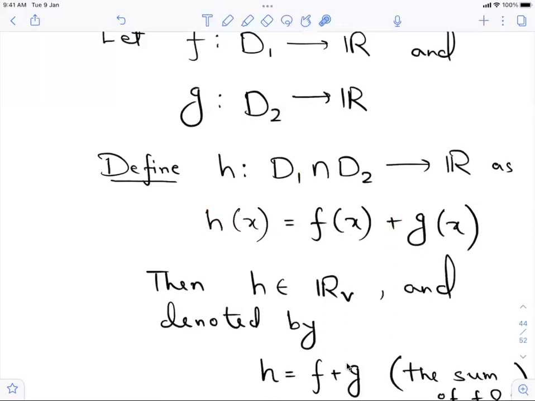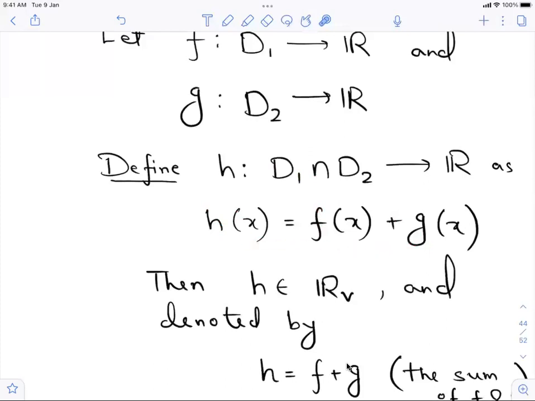By looking at the pointwise behavior of f and g. When I evaluate f and g at x, I get real numbers and I can add two real numbers. So I'm evaluating at a point and adding. That's sometimes called a pointwise operation. So I'm using this pointwise addition to define my function h of x.